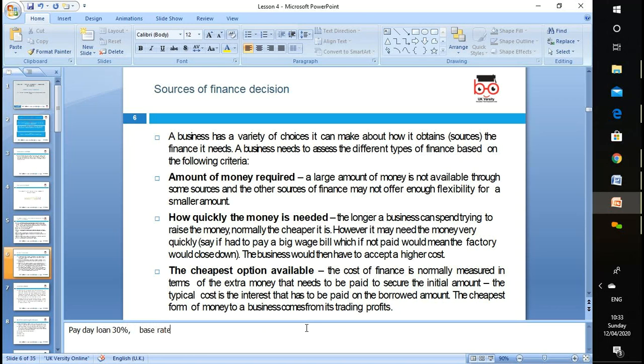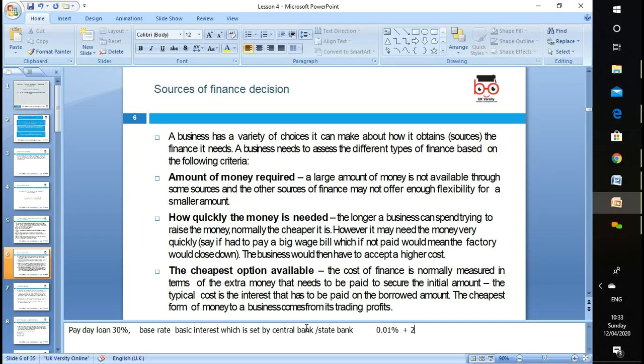Can anybody tell me what a base rate is? The base rate is called the basic interest rate, which is set by the central bank. In other countries it is known as the state bank. Now, due to the coronavirus the base rate is really low, at 0.01%, which is almost nothing.